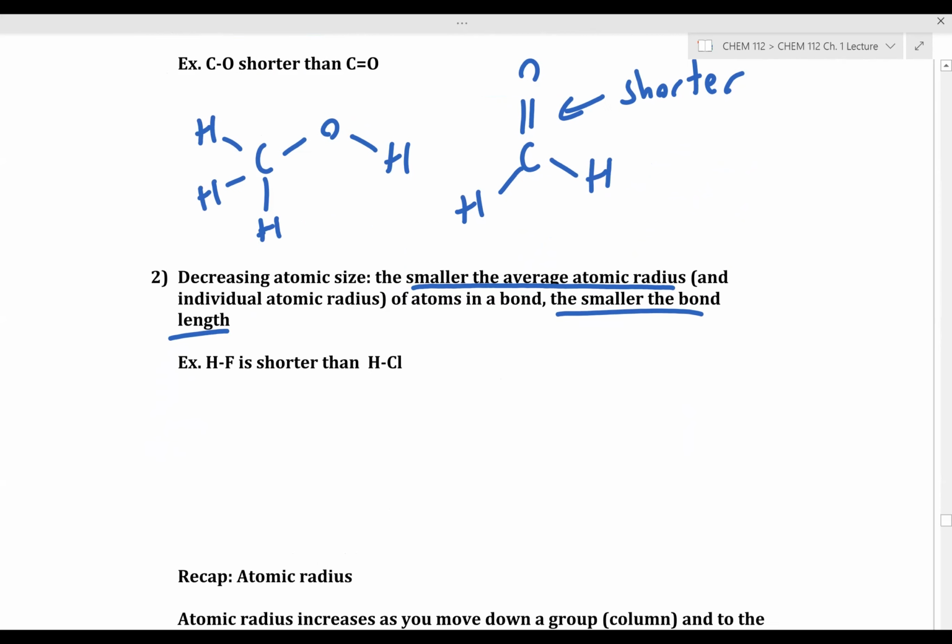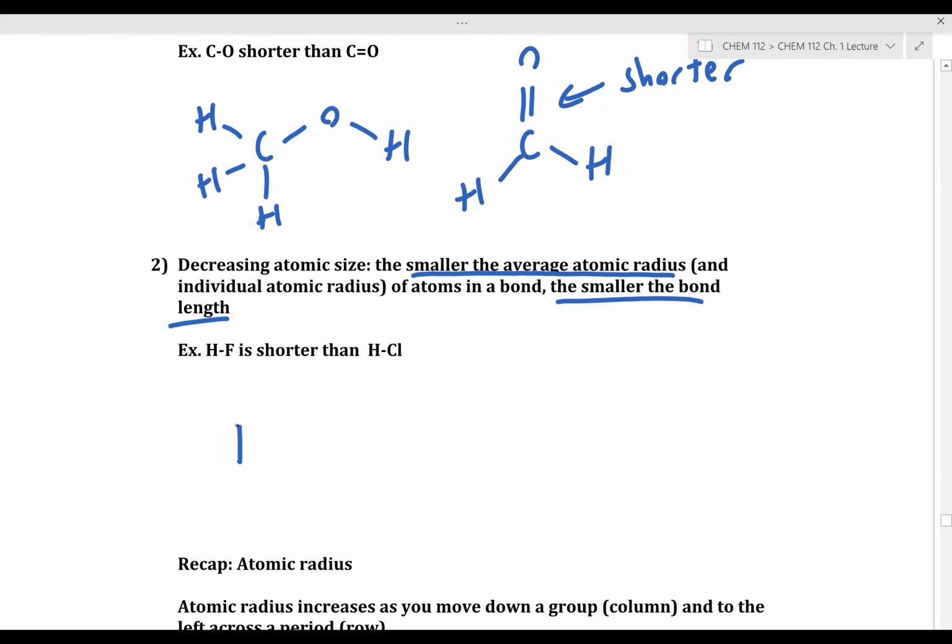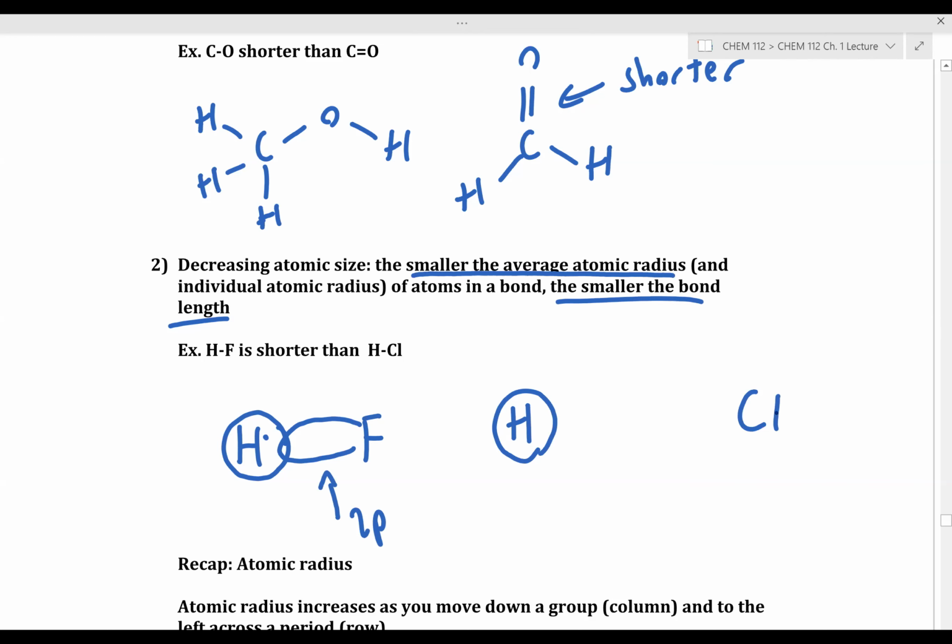And just to redraw that picture, if we think about HF, our orbital overlap, let me draw this to scale. So for fluorine, we're using a 2p orbital. If we compare that to a hydrogen-chlorine bond, chlorine's orbital is going to be larger or smaller? Larger. Okay?